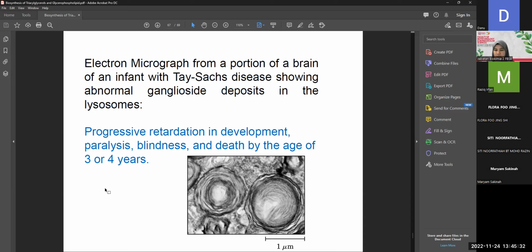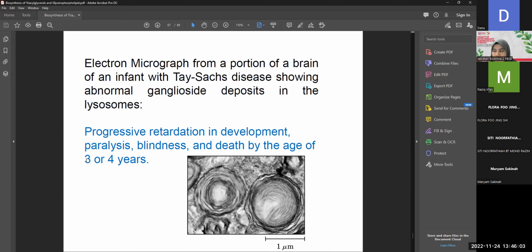Because it affects the brain, you can expect much impact in terms of development. These are the effects when we have a problem with a gene.